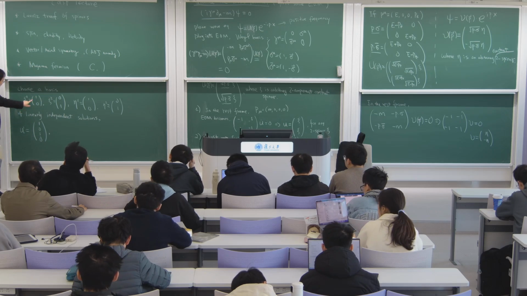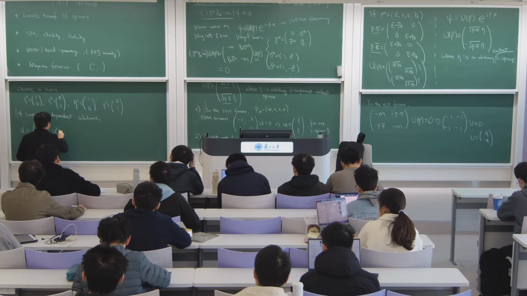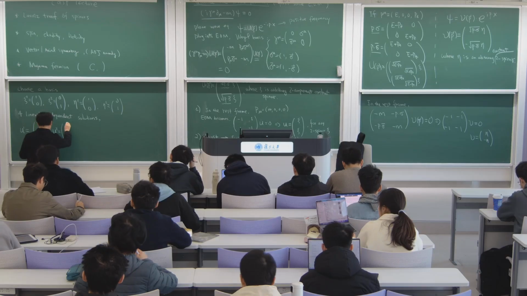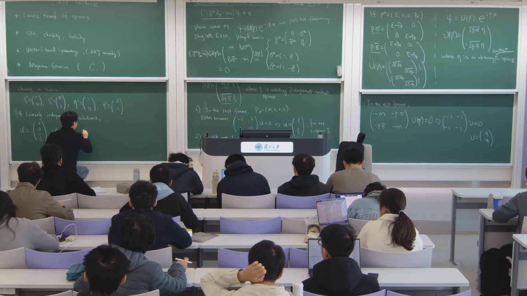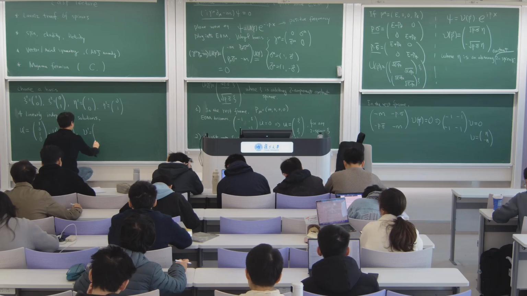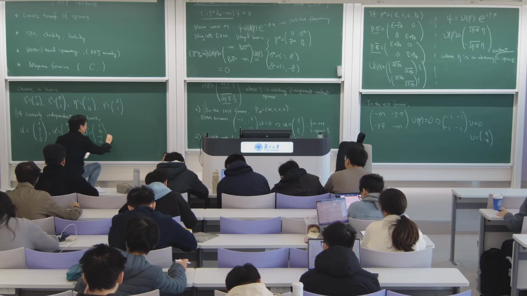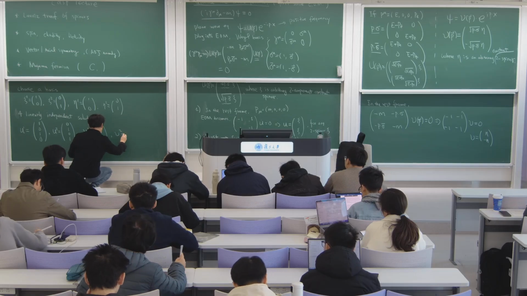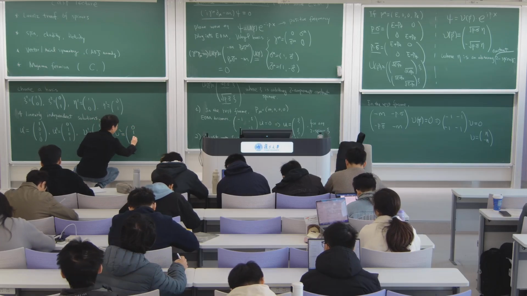So you choose C1 as 1, 0, and this becomes 1, 0, 1, 0. And U2 becomes 0, 1, 0, 1. And V1 becomes 1, 0, minus 1, 0. And V2 becomes 0, 1, 0, minus 1.